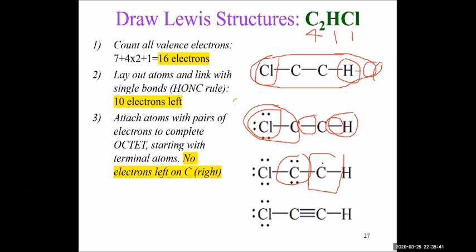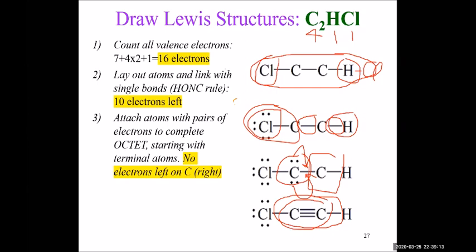How do we make this carbon an octet? The carbons share both pairs, and that ends up as a triple bond between the 2 carbons. After this, each atom becomes an octet. Both carbons now each have 4 bonds, so both become octets, and that is the end of this Lewis structure.